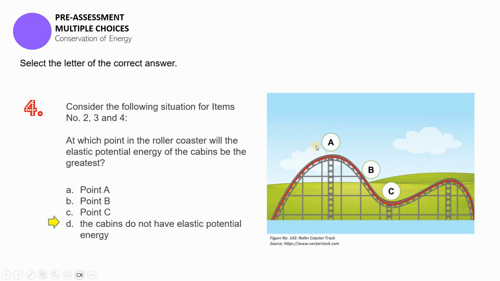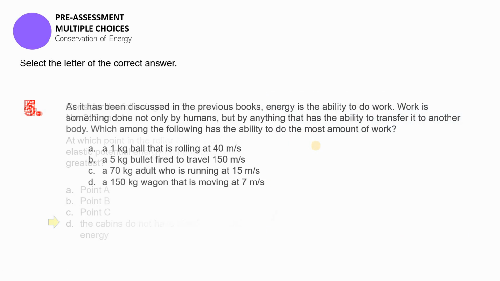Alright, so let's now proceed with the fifth and last item. For question number 5, the correct answer is B. A 5 kilogram bullet fired to travel 150 meters per second. So far, how did you do?